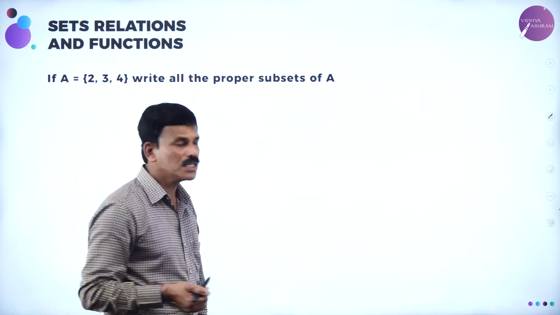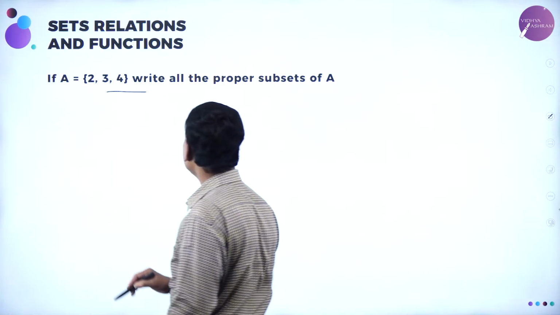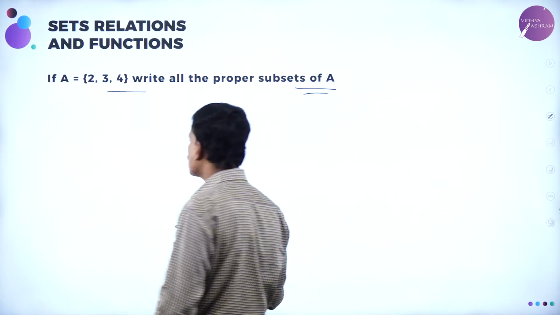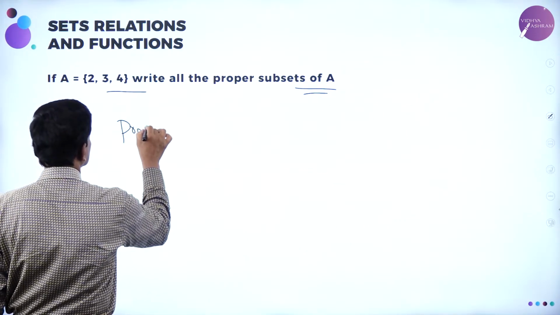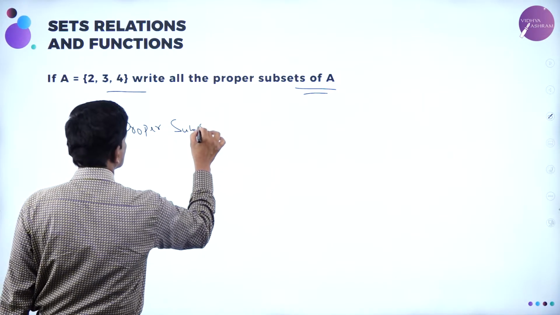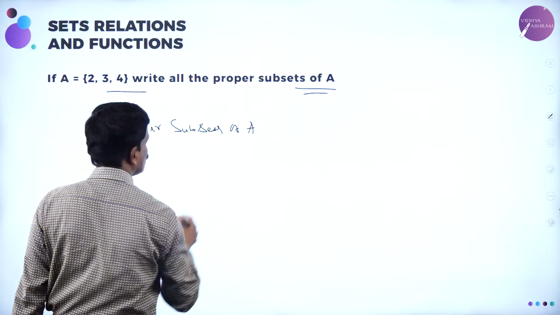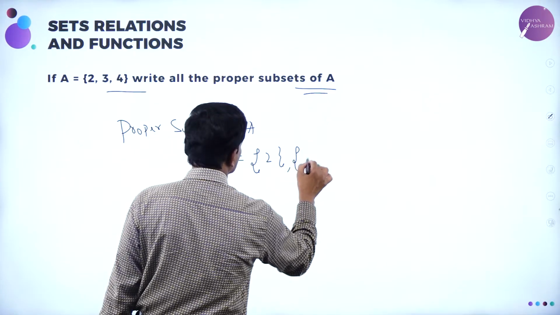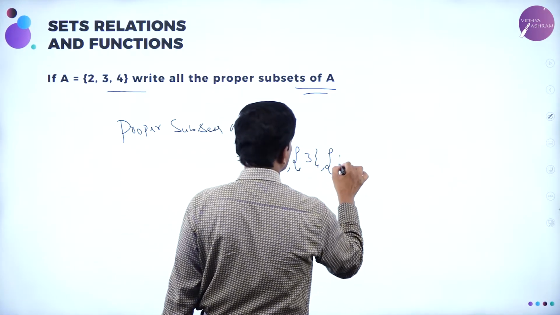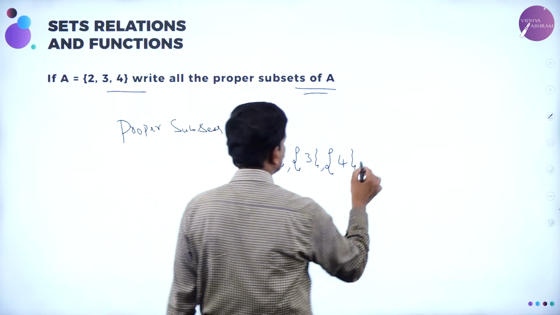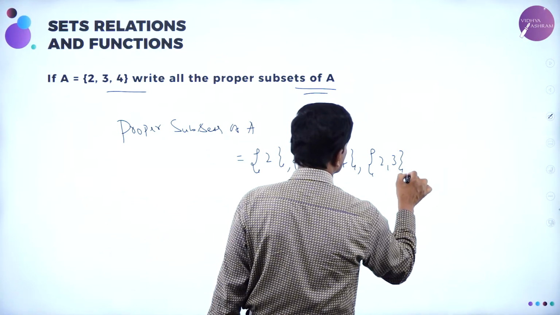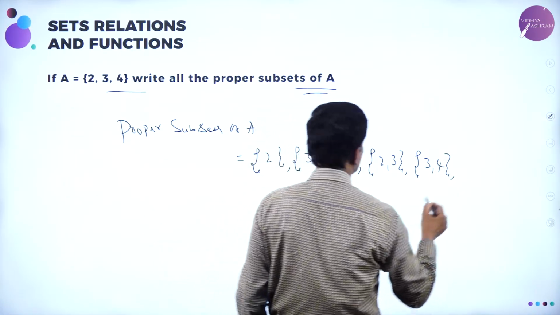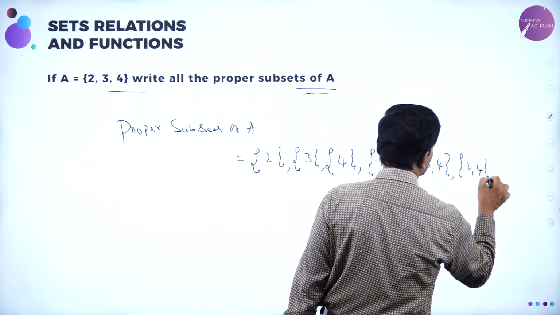Okay. Now let us come to the next. If A is equal to {2, 3, 4}, write all the proper subsets of A. The proper subsets of A are: first write down {2}, then {3}, then {4}, then {2, 3}, then {3, 4}, then {4, 2}, that is {2, 4}, and the null set.